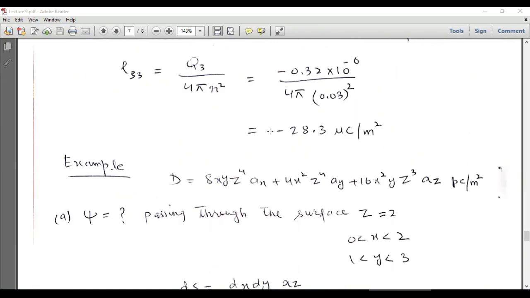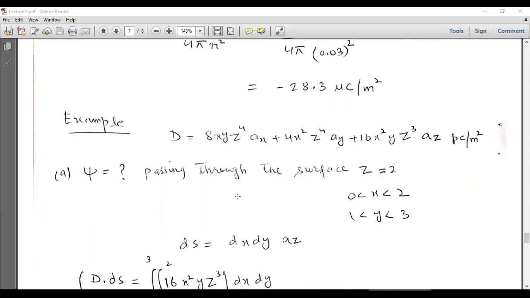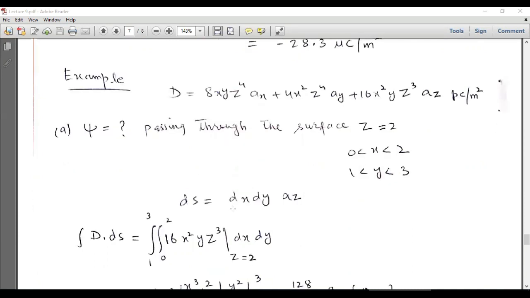So that was a very simple numerical problem, and I will also solve one more problem. In this problem, we are given the electric flux density in Cartesian components in picocoulomb per meter squared, and let's calculate the total flux passing through the surface z equal to 2 and x varying from 0 to 2 and y varying from 0 to 3, and here dS is equal to dx dy az, where az is the unit vector, right?